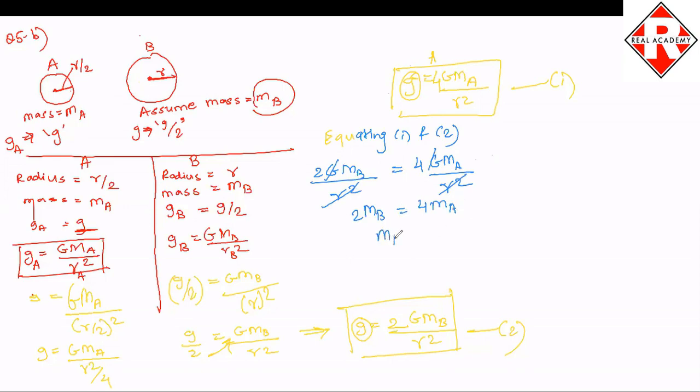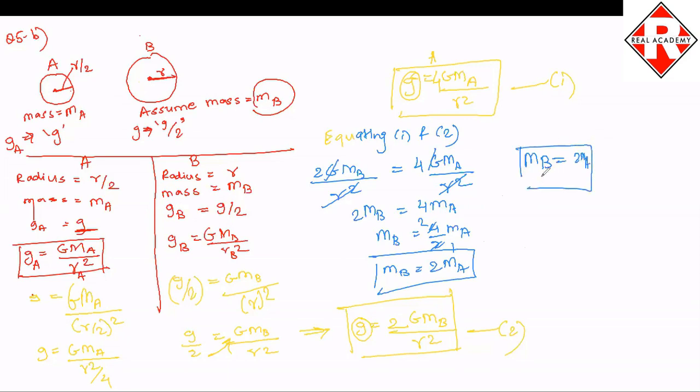So what is the mass of planet B? It is 4 by 2 mA. That is mB is equal to 2 times mA. This will get cancelled, right? So we have got the answer that mass of planet B is 2 times mass of planet A. So this is your solution.